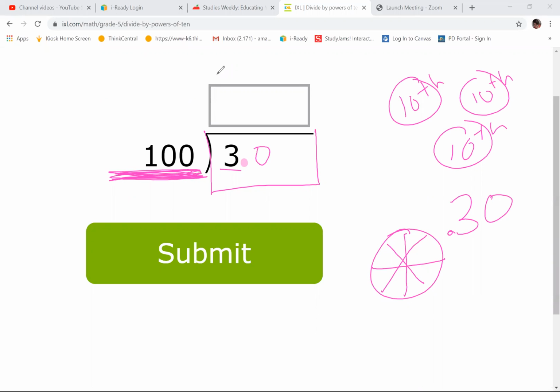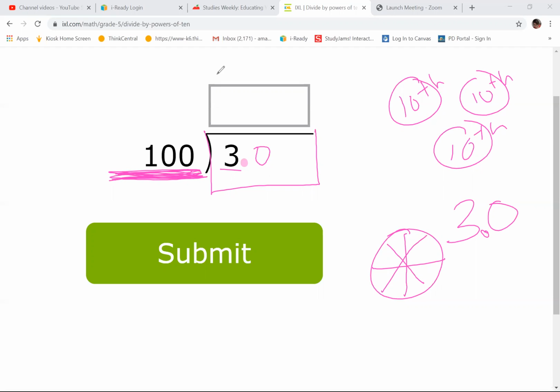Oh, that's not 30 tenths. That was 3 tenths. 30 tenths looks like this. That's 30 tenths. And how I know it is when I say 10, 20, 30, 40, 50, 60, and I keep counting by tenths. If I get to 30 of them, it turns into like 300. And 300 would be the same as the whole number 3.